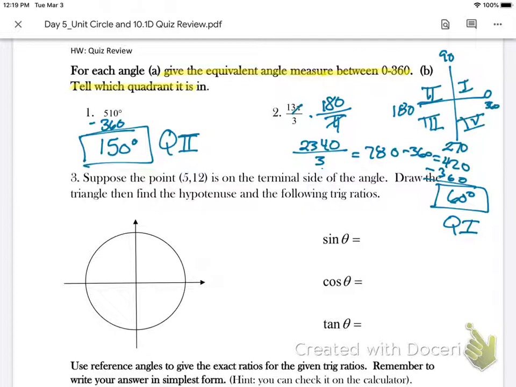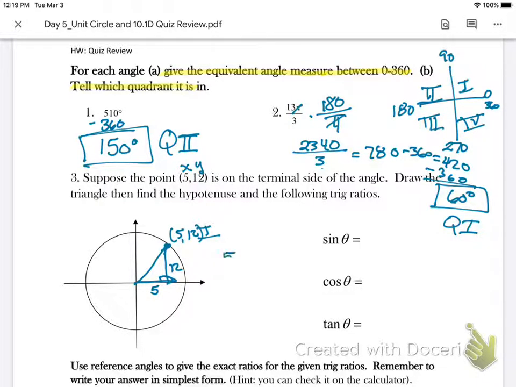Okay, if we look at the next kind of problem, they give us the point 5, 12. Well, 5 is my x value, 12 is my y. So that's going to put me, since they're both positive, in quadrant 1. We'll say 5, this is 12, right? So to the right 5, up 12. That's my triangle right there, 5, 12.